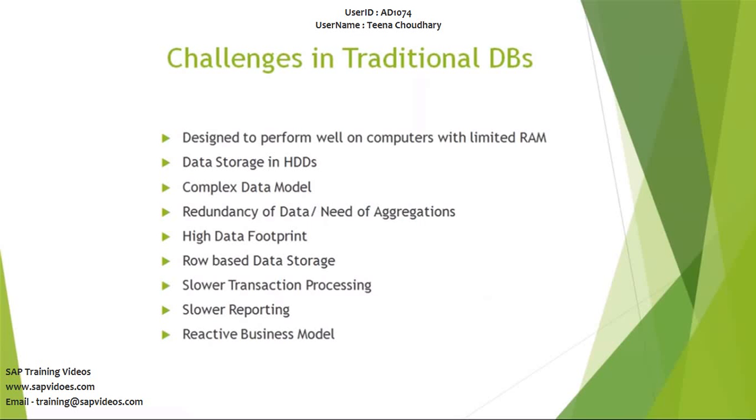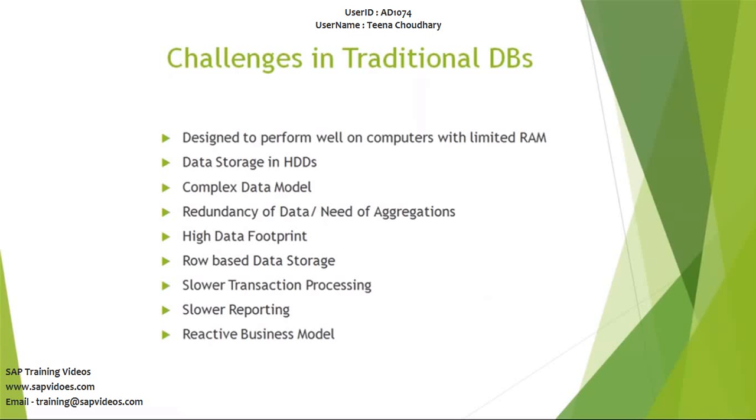So let's say today is the second day of a week, and out of the 5 days you are already done with, let's say 40%, but 60% of the time is in your hand, and you can make the analysis, you can do the corrections so that in this 60% of the time, whatever wrong things have been done are rectified, and you are able to achieve the results not only in the next month, not only in the next week, but within the week also. And that is the reason it is called a reactive business model, which means the reports are available instantly, so you can take the decisions faster and perform the corrections faster.